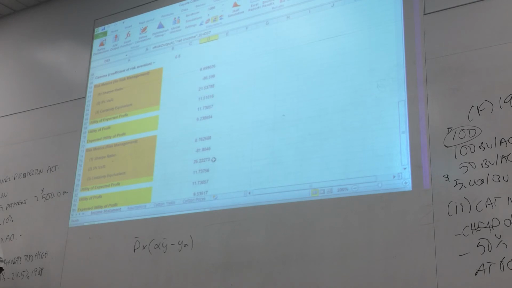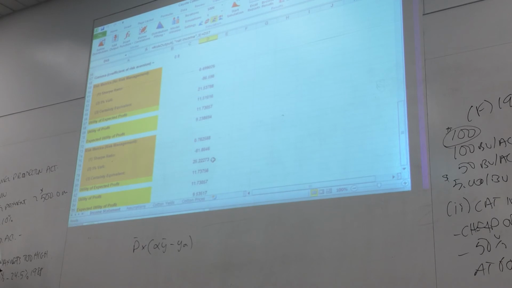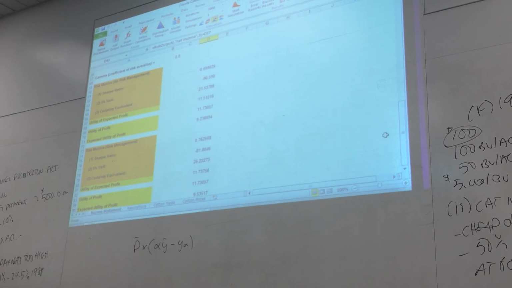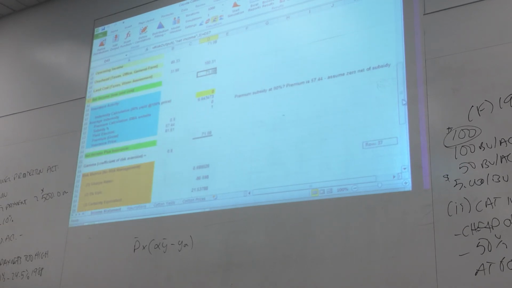So what we could do is, this is pretty cool, because if you're managing a farm, you could set this up, and you could use this to decide whether or not you needed to buy insurance in a given year. Even if you didn't know what your own gamma was, how risk averse you were, you could calculate just straight out the average profit in any given year, just by comparing these two values here.